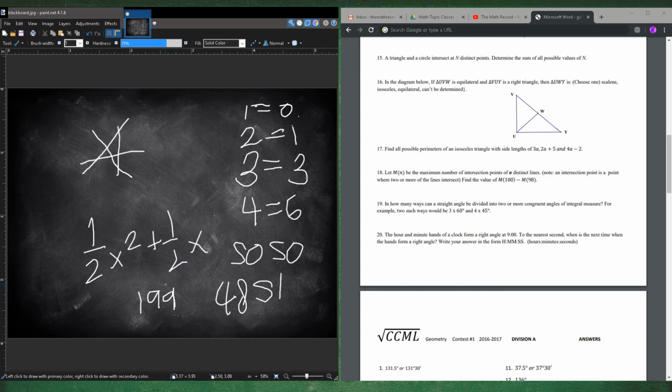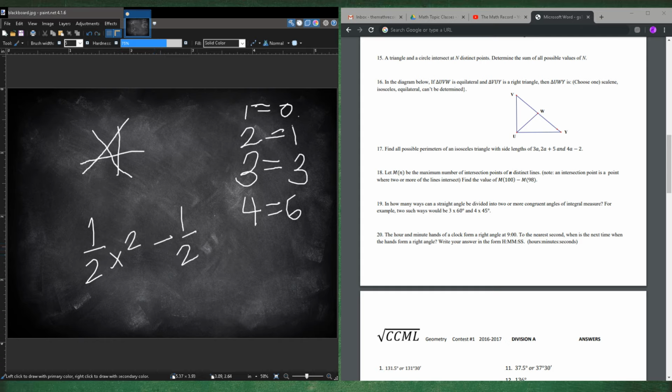Sometimes when you get the answer wrong, you mostly just... I have the answer key right next to me, so that's why I know. Oh, sorry, it's not plus 1/2 x. Sorry, I read that wrong. It's minus 1/2 x.